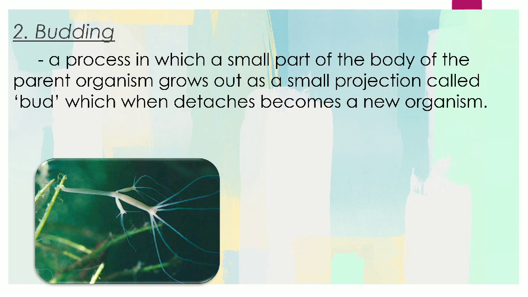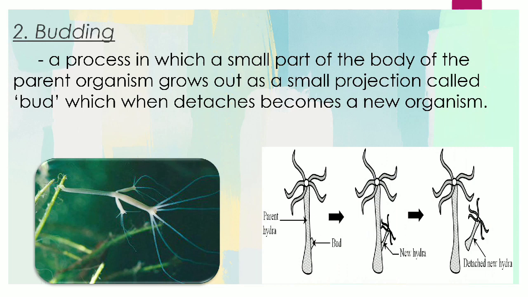Hydra is a freshwater organism. As you can see, a tiny bump appears on the parent hydra, and this tiny bump is called a bud. Then as the bud grows, it will break off or detach from the body of the parent hydra, and it will become an independent hydra.